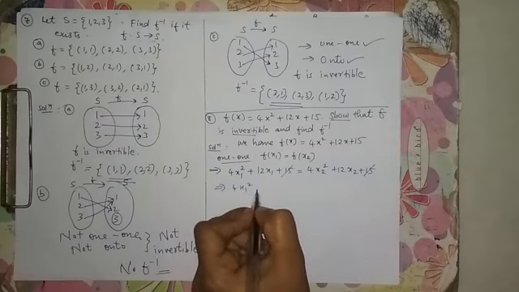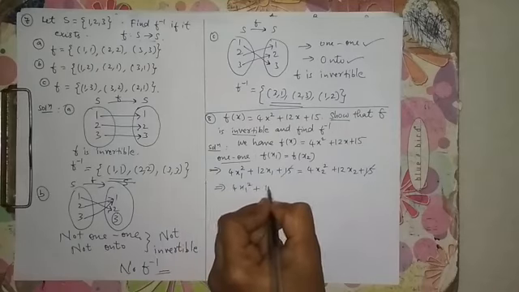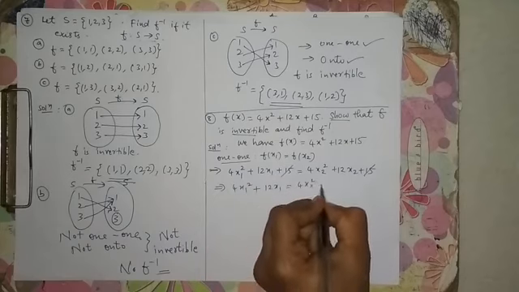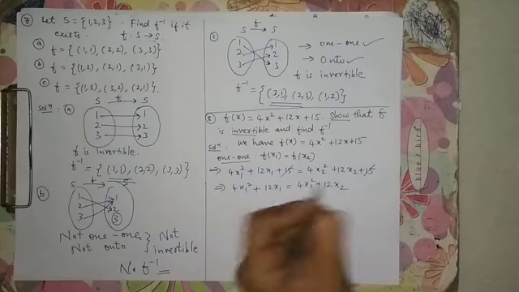4x1 square plus 12x1 equal to 4x2 square plus 12x2.